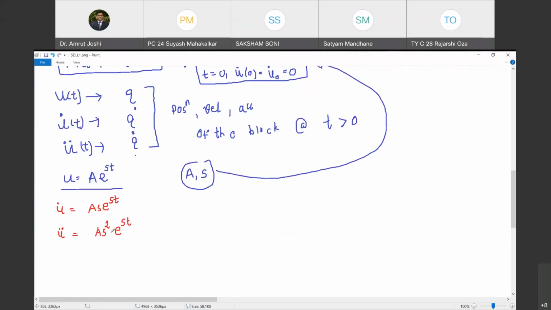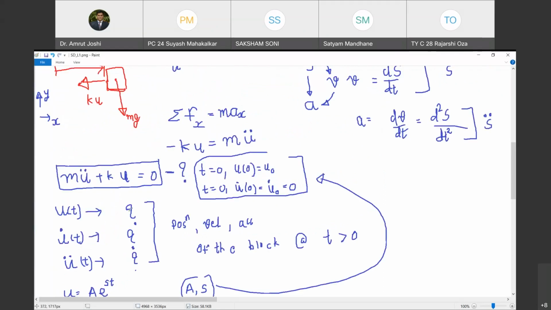Now what we have to do is simply substitute this here. It's a very easy task. So what do I get? m A s square e raised to st. Happy? Yes, sir.